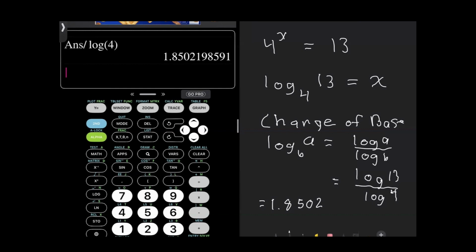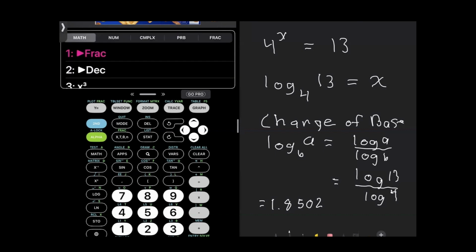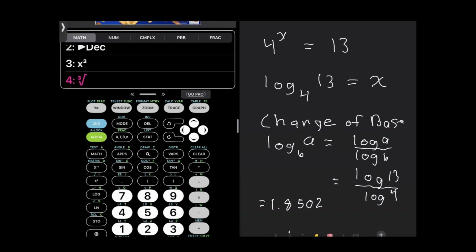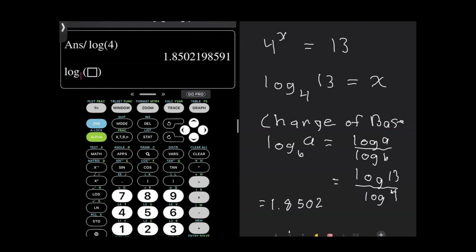Now, if you have the high-tech TI-84 calculator, you will go to Math and scroll down until you see, let's see, where can we find it? There it is, log base. So if you have this feature, you can use this.